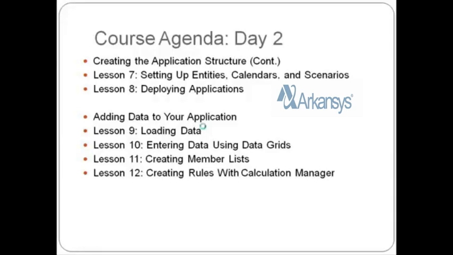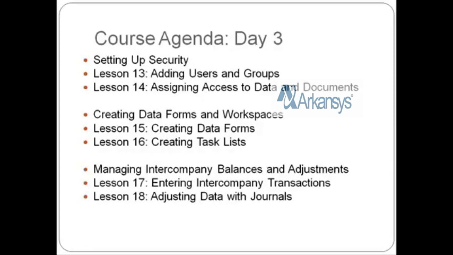Post that we will be working on your journal entries. First we will be working on the setting of the security, where we'll talk about adding users, groups, and assigning data and documents. That means the moment the application is ready, it is deployed, and data is there, it's time to add users and groups and provide them access in the system.